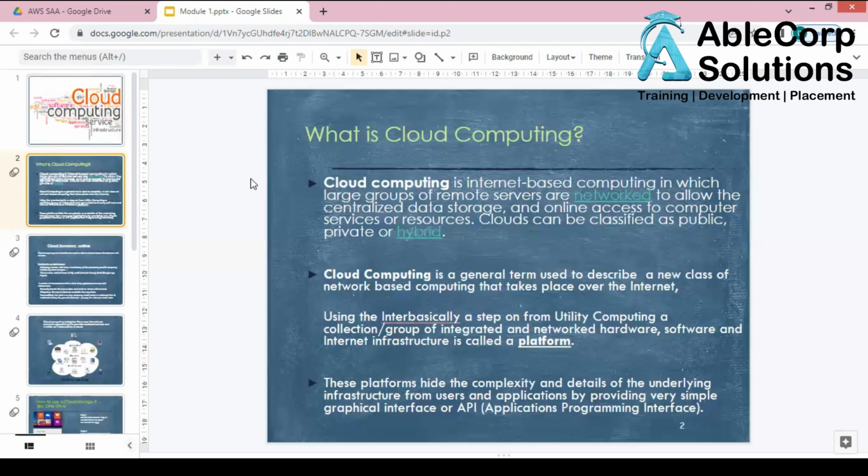In order to work in any organization, you need to have infra first, and infra will always cater to a huge capex cost. So when you want to cut short those capex costs, you have to move to cloud computing.